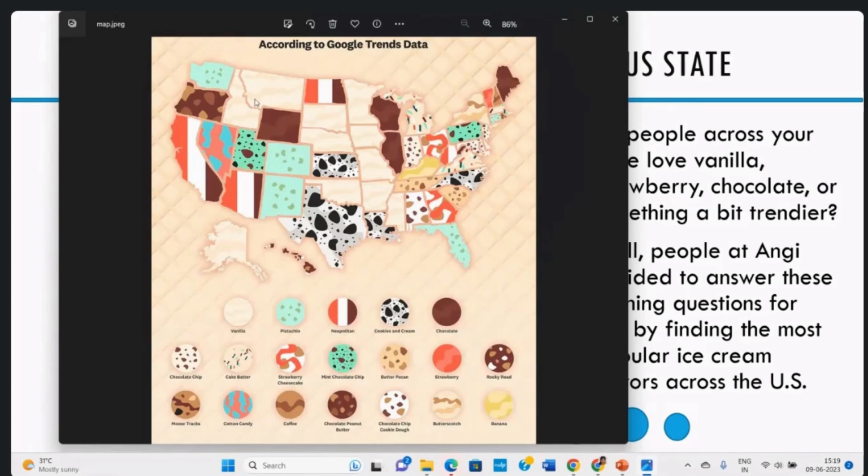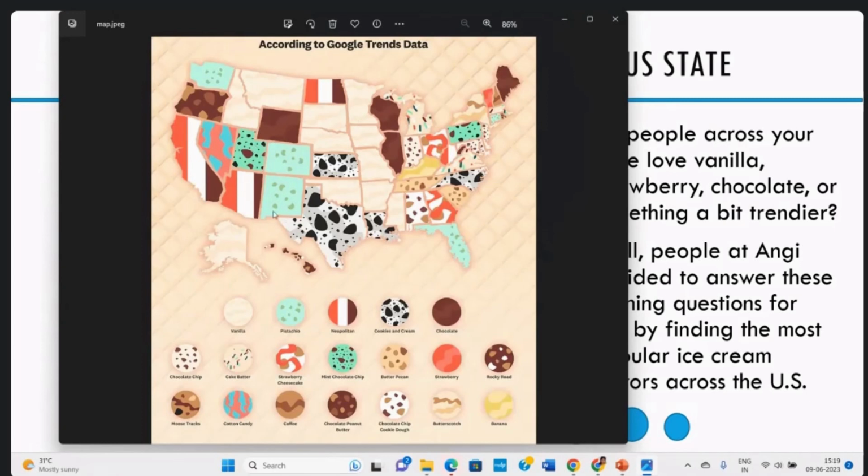So what do you see? You can see that many states have the color of vanilla flavor. That means these states have a growing popularity of the vanilla flavor. The next flavor is pistachio.